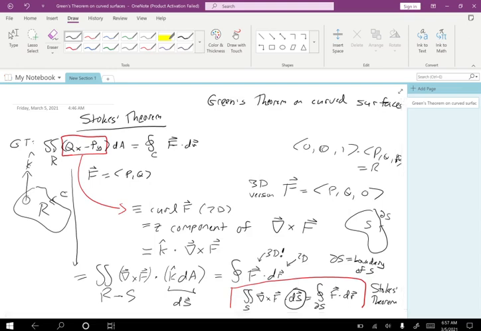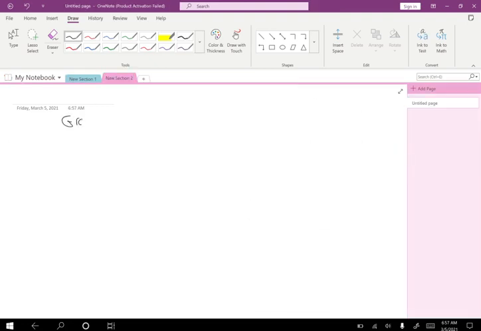So we've shown that Green's theorem is a special case, the 2D or planar case, of Stokes' theorem.